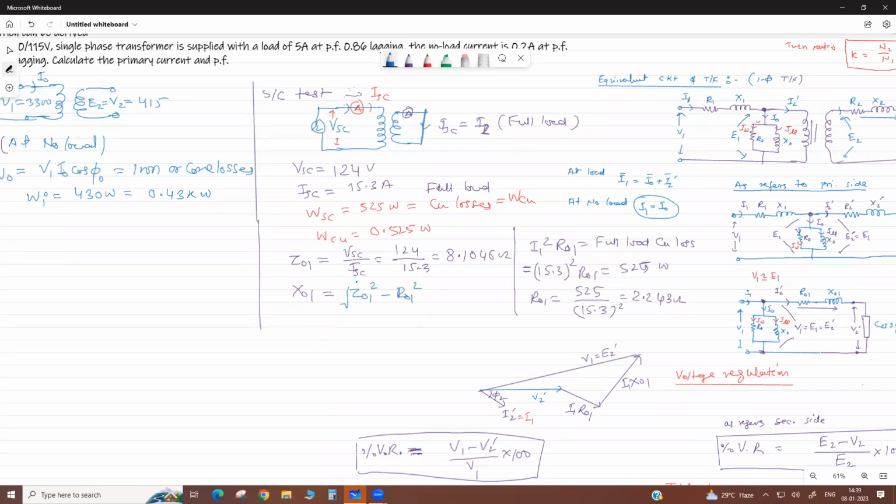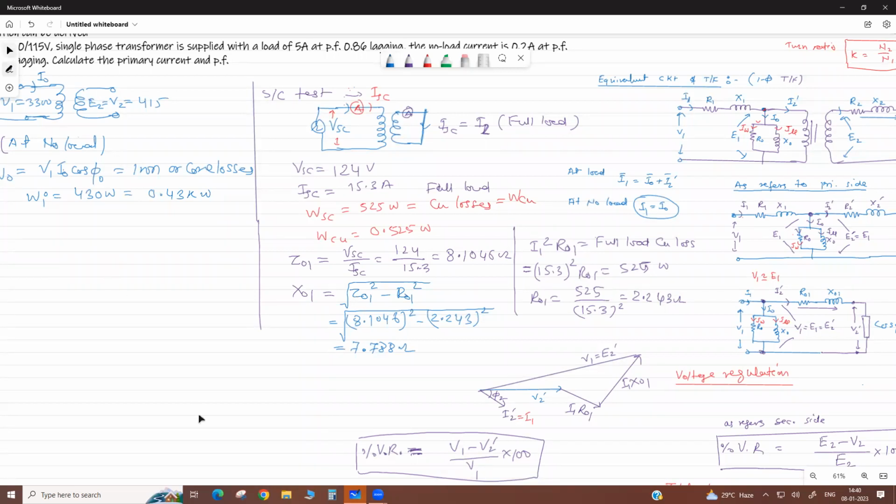So we can write the root of 8.1046 square minus 2.243 square. The answer is 7.788 ohm. Okay, all parameters we get.